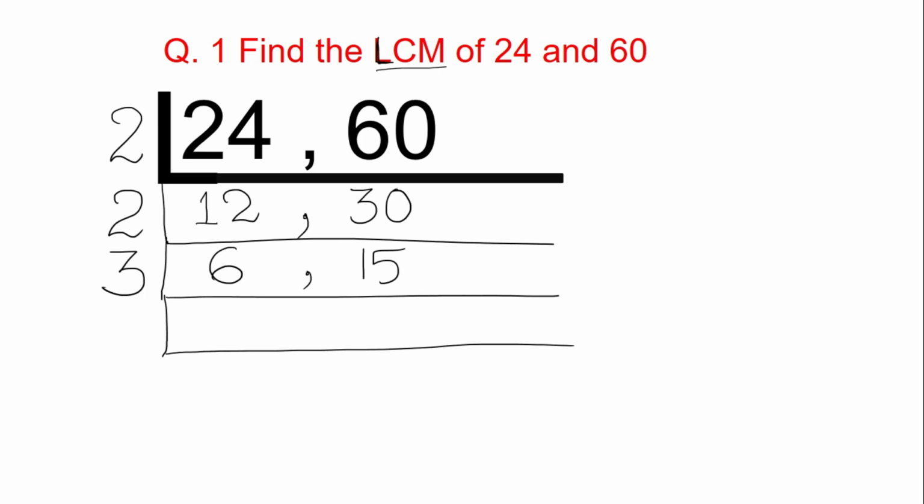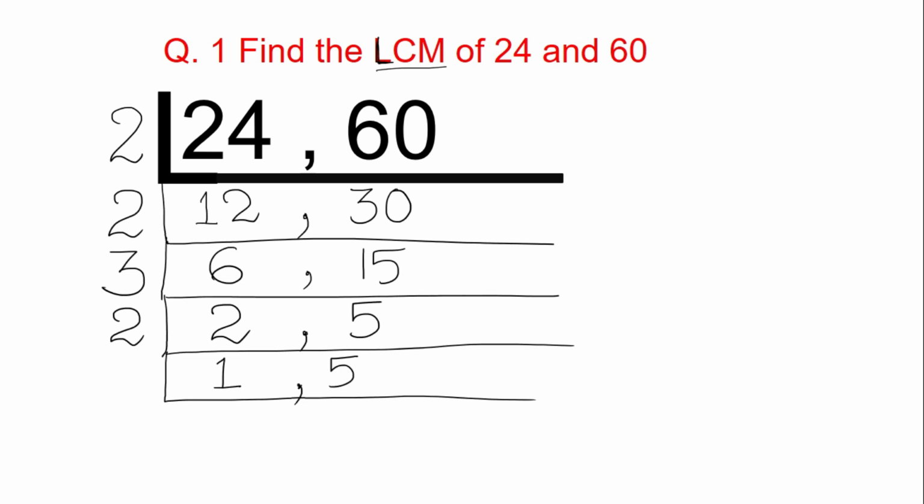So 6 divided by 3, I have 2, and here it's 5. You can see I have found all prime numbers here. You can stop prime factorizing them here. If you prefer to get all ones, 2 times 1 gives you 2.